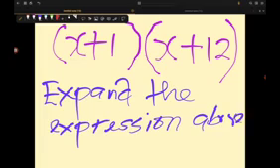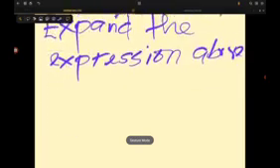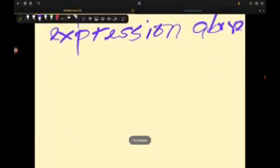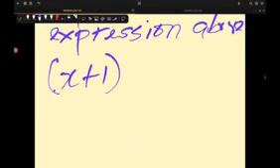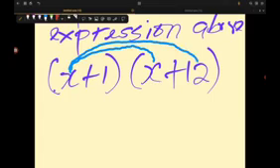x plus 1, x plus 12. Let's check whether it will give us what we have in the original form or not. x plus 1, x plus 12. The way we normally do this is you use this x to clear the second bracket.